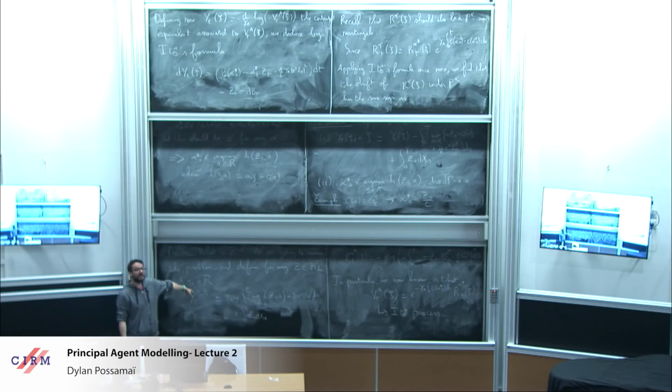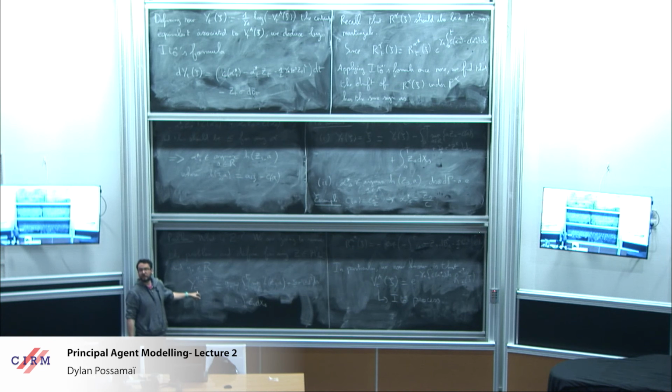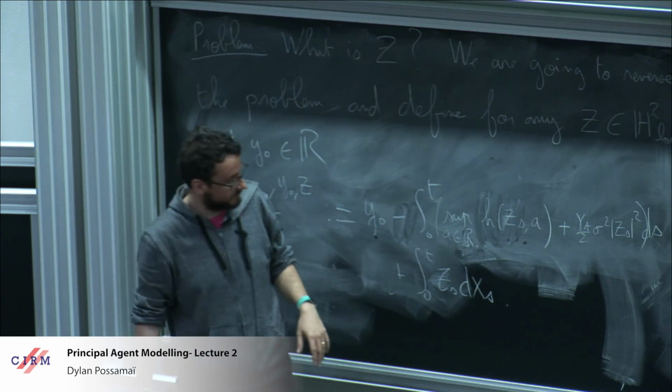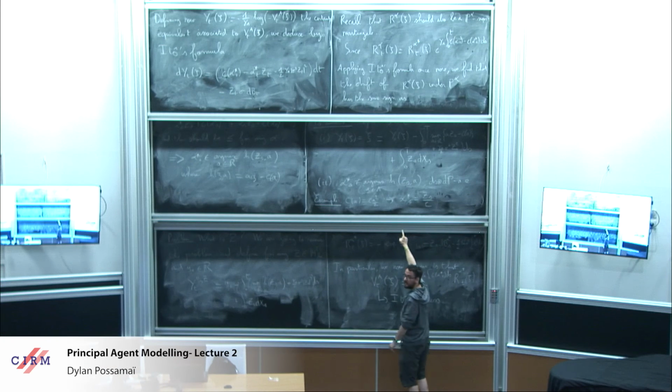Okay, so I define this process. Here this is really just a stochastic process, starts from y0, and I have this z appearing in the dynamics. Again, I am exactly mimicking what's going on there.